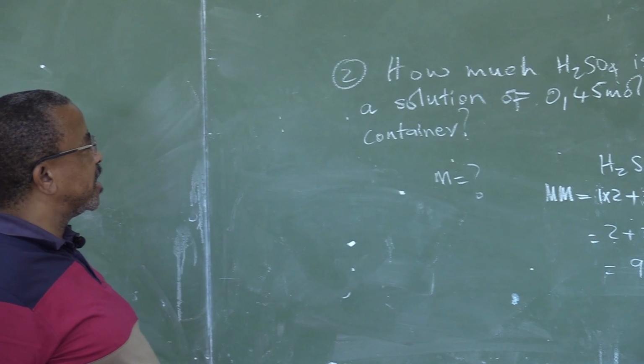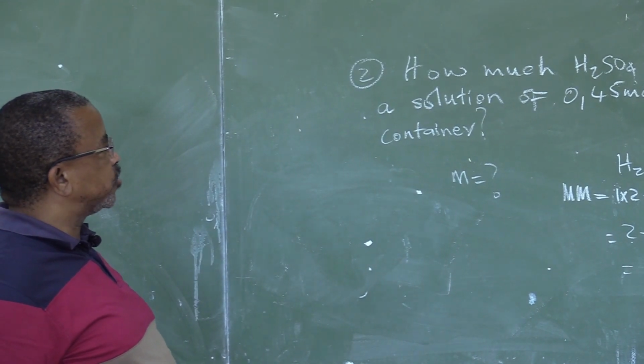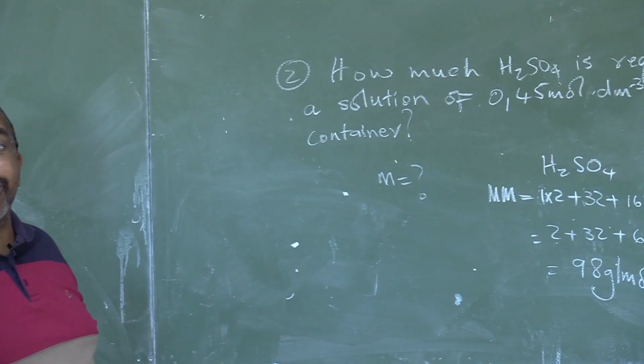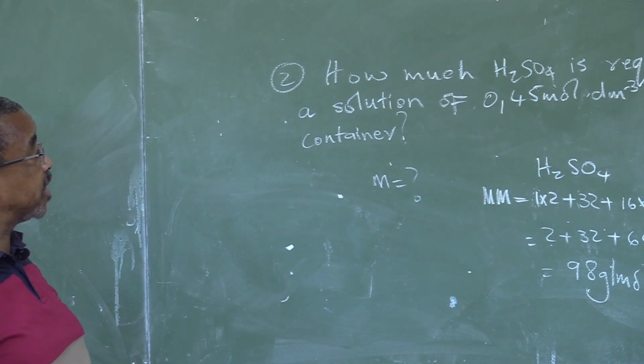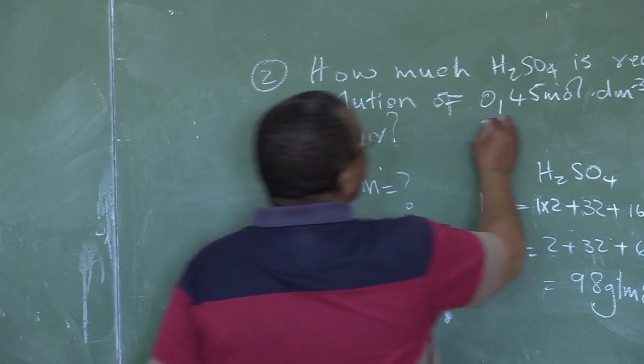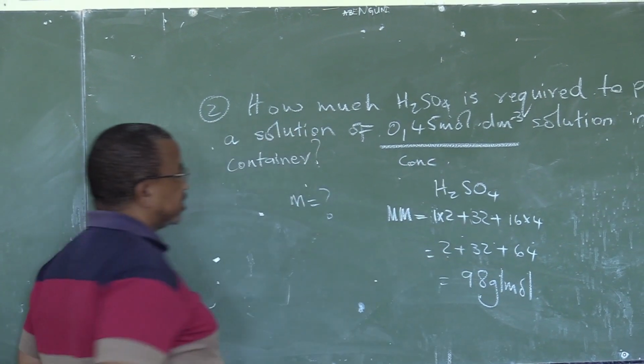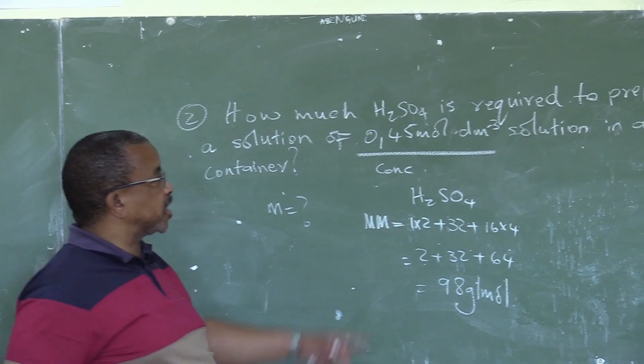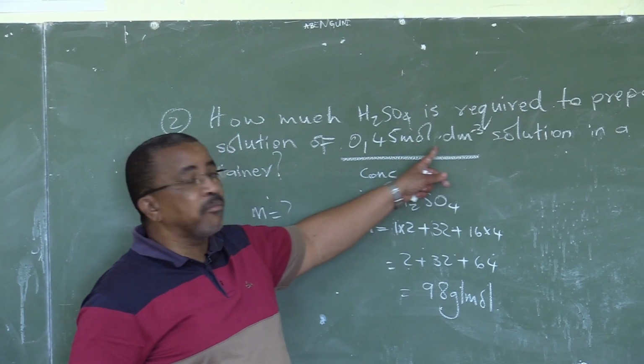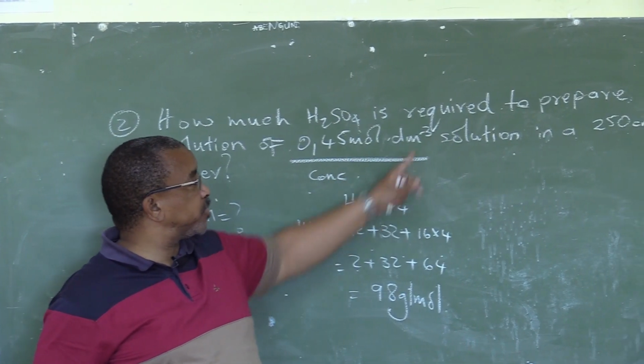Now we are given: how much is required to prepare a solution of 0.45 mole per cubic decimeter. We are given the concentration, as the units mole per decimeter cubed show.